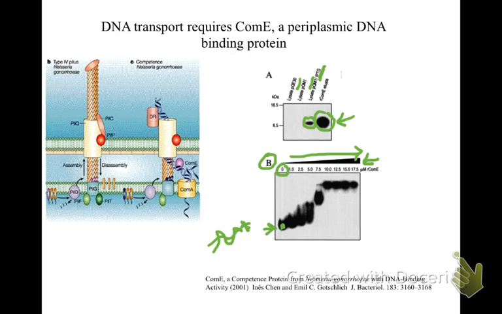When we start adding the COM-E protein, we see the DNA is actually retarded in the gel. This is called a gel shift assay, and it shows that we have specific binding of the DNA with the COM-E protein, and that's what slows the DNA in its migration through the gel.